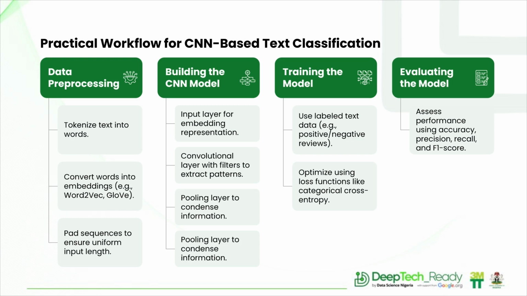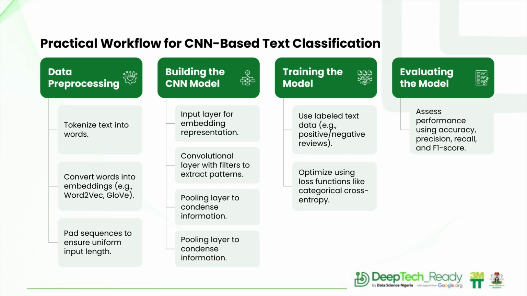Then you build the CNN model, which involves the input layer for embedded representations, the convolutional layers with filters to extract the patterns, pooling layers for condensing the information, and finally the fully connected layers for classification.